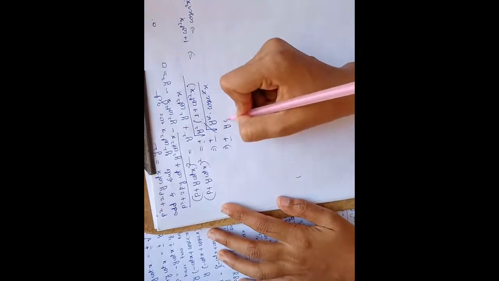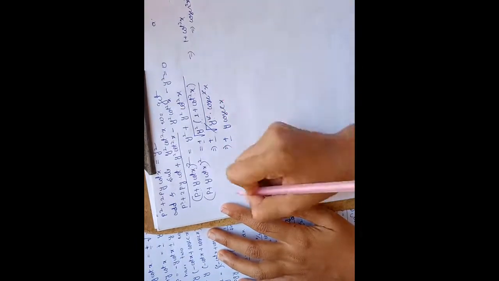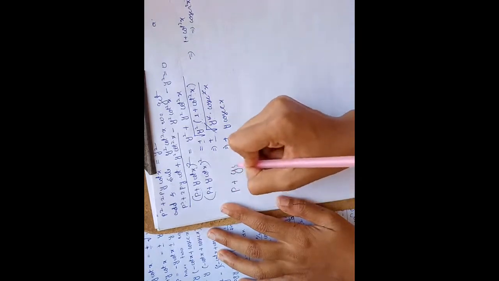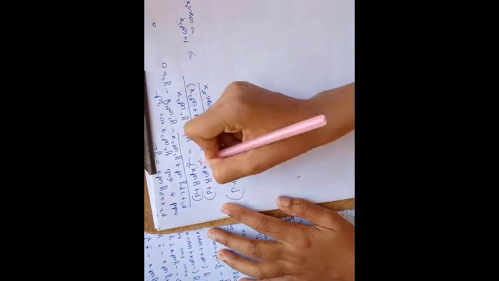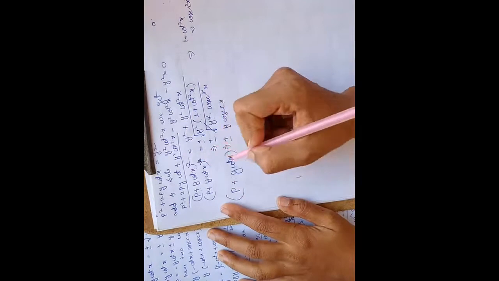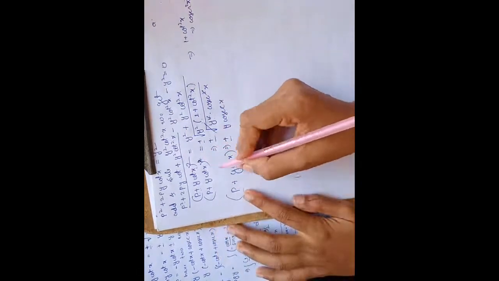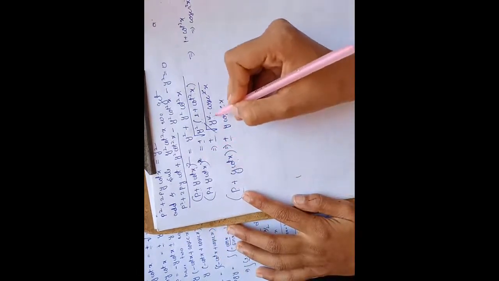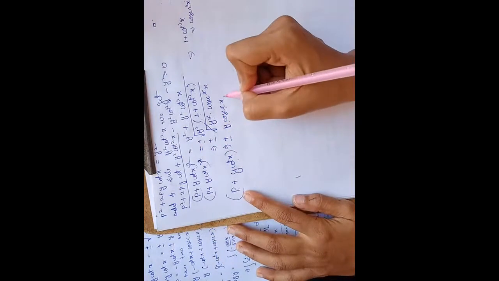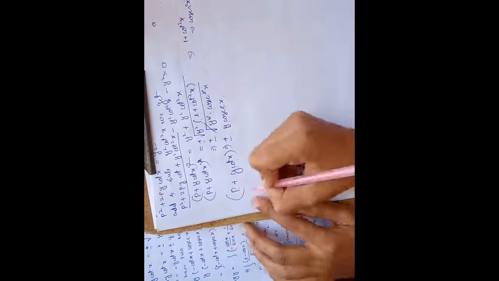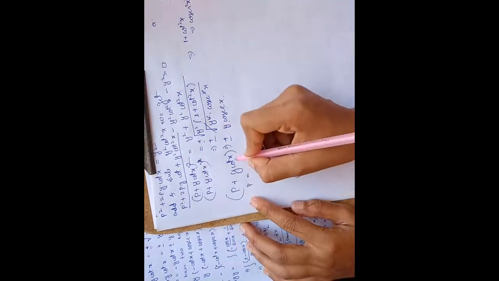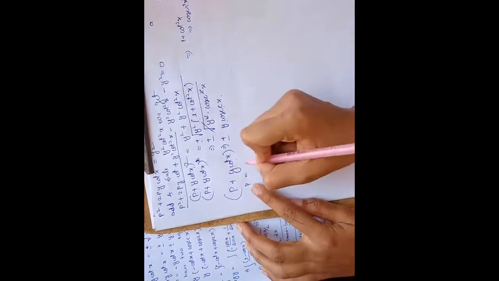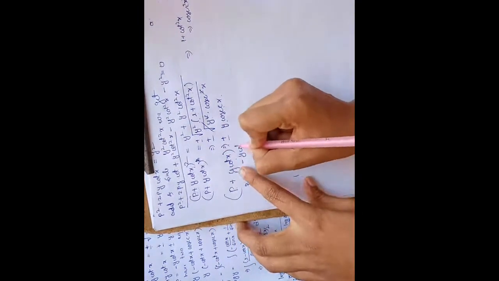So p plus y cot x, we are removing the square from here. So p plus y cot x is equals to plus or minus y into cosec x. So now p is equals to, take the y cot x term to the right hand side, so it will become negative y cot x plus or minus y cosec x.